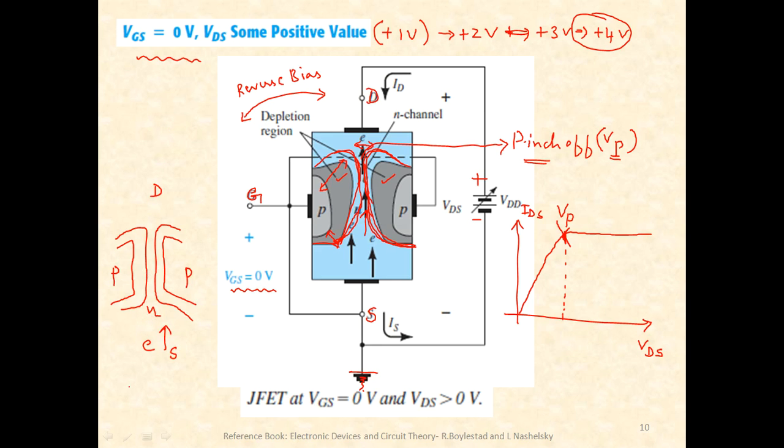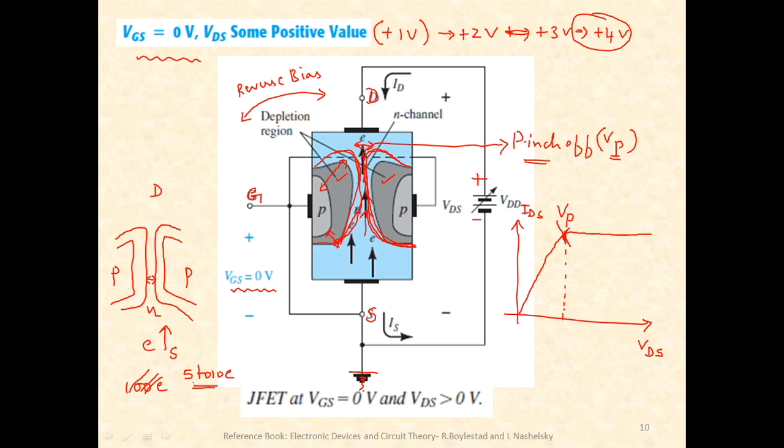So what happens is, initially if there were 100 electrons moving from source to the drain, now even though VDS increases, due to the narrower channel, all the 100 electrons cannot move now, because the channel's thickness is itself extremely narrow. So instead of 100, maybe just 5 to 10 electrons may move through the channel and enter the drain.